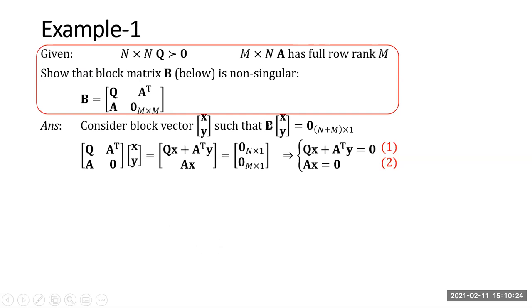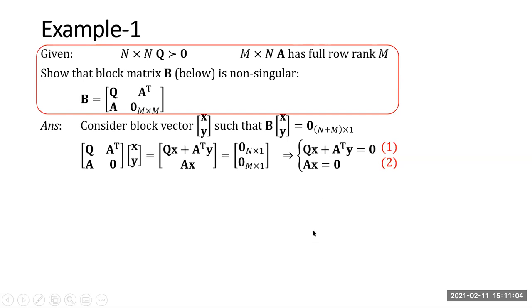Here's B. I'll plug in the values of B, and this is xy here. Let's proceed with the matrix multiplication: Qx plus A transpose y, and Ax plus 0y, so Ax. This is 0 sub n, an n-dimensional vector of zeros, and this is an m-dimensional vector of zeros. Whence Qx plus A transpose y should be equal to 0, and separately Ax should be equal to 0.